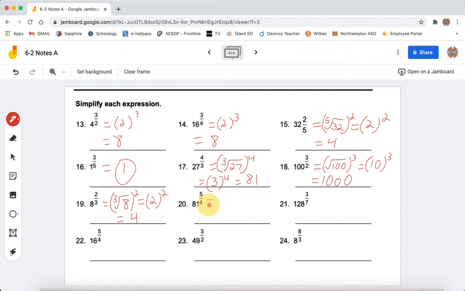81 to the 5/4, so it's going to be the 4th root of 81. And then raise it to the 5th. 4th root of 81 is 3. To the 5th is going to be 243. 128 to the 3/7 power, so it's going to be the 7th root of 128.